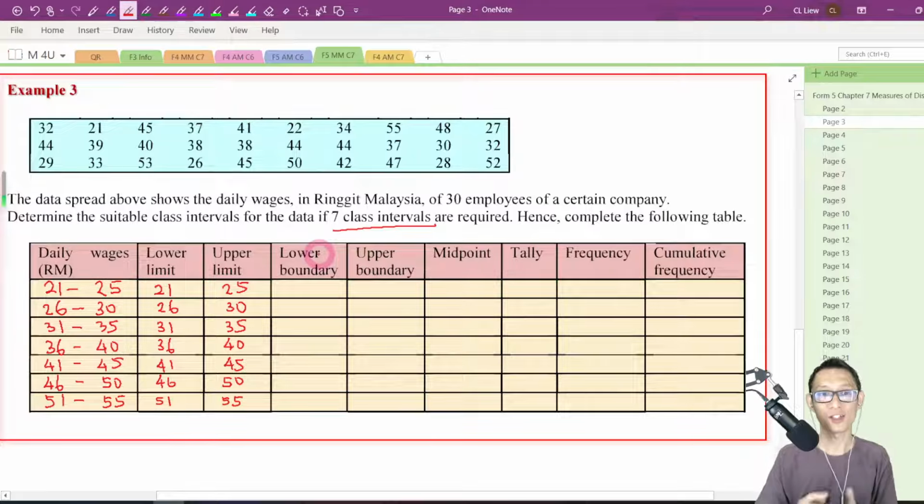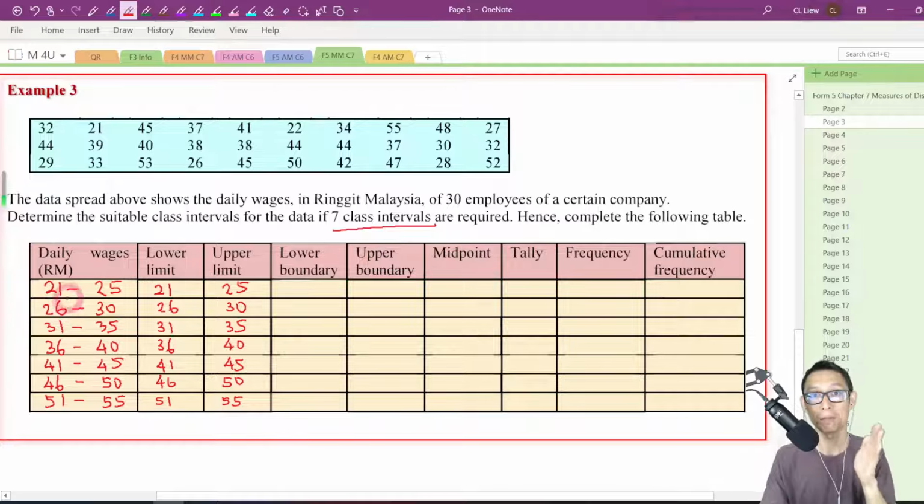Okay, now let's learn how we get the lower boundary and upper boundary. Let me use the second class interval to explain first. To get the lower boundary, we need to take 25 plus 26. It means the upper limit of the previous class plus the lower limit of this class interval, and then divided by 2.